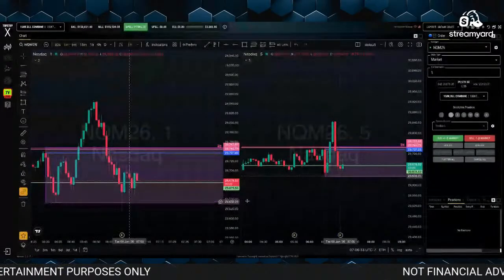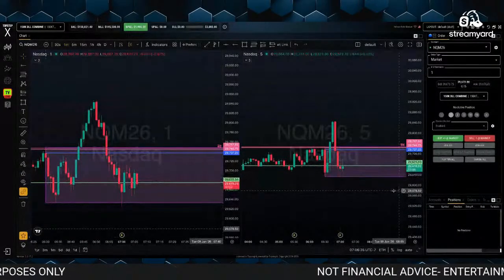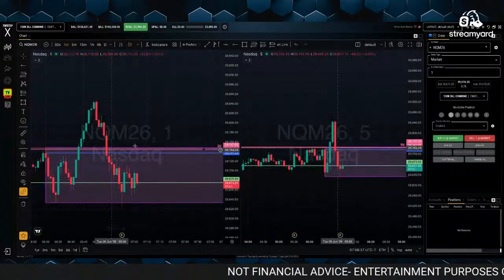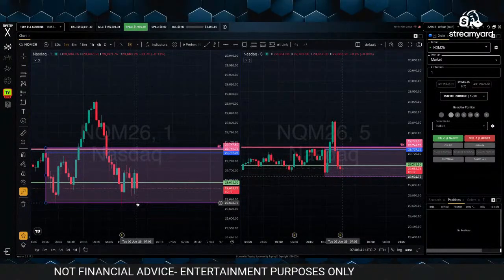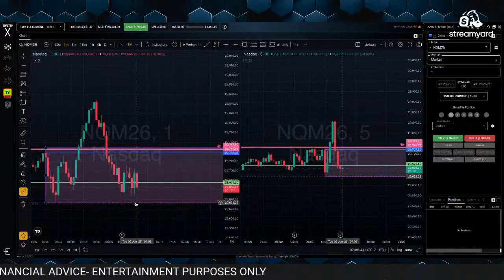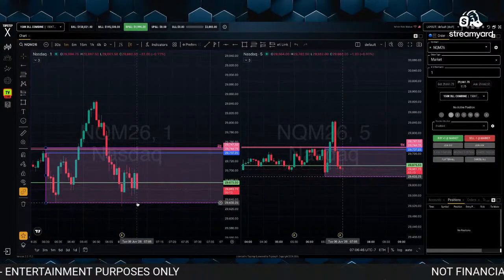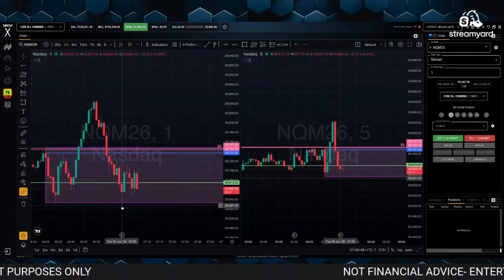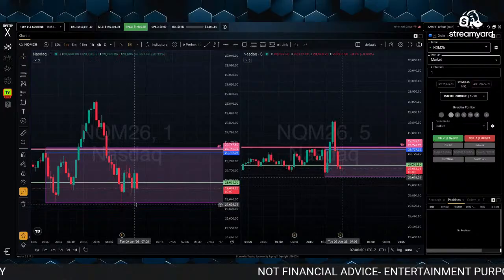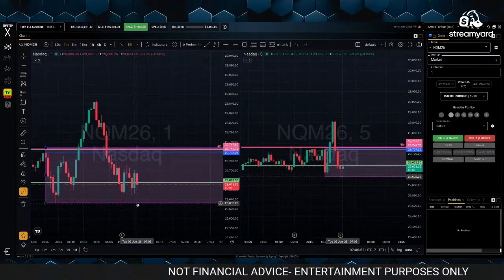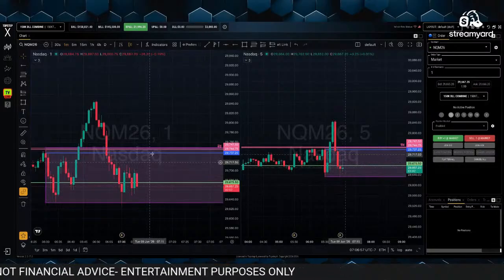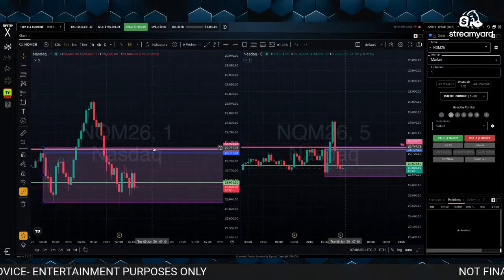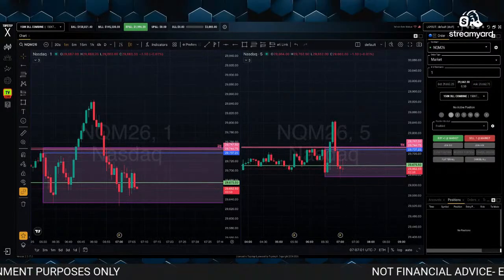Say I still hadn't taken a trade, I'm going to look for these candles to start holding this purple line. It already broke it here, so it might come touch it again, and I would be willing to buy from here to take it all the way to the top. That would be another trade.